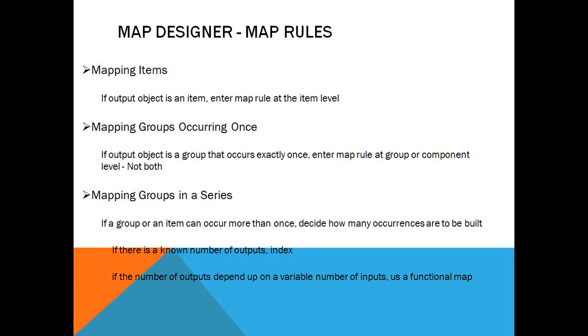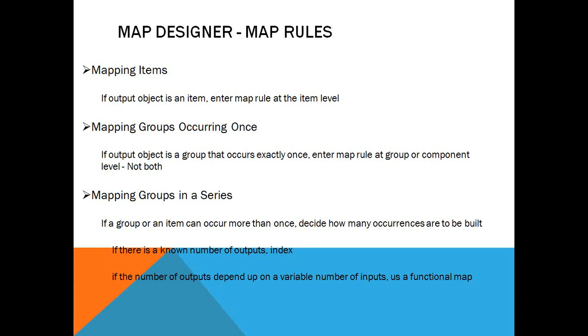So if your output is only one item, you have to do the mapping rule at item level. Suppose your output object is a group, that group has 5 fields and will occur only once, which is nothing but only one record.